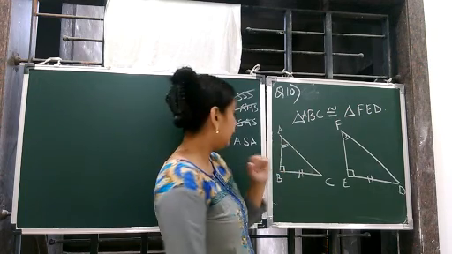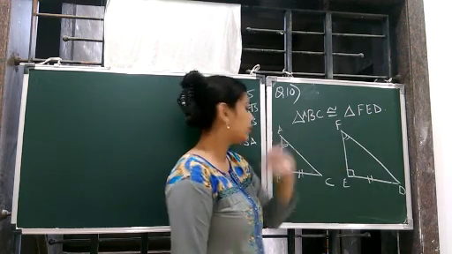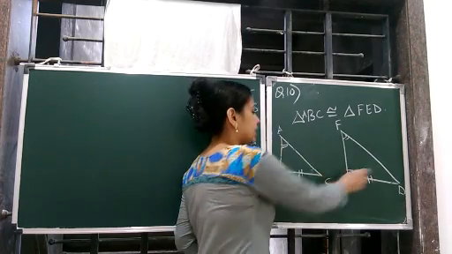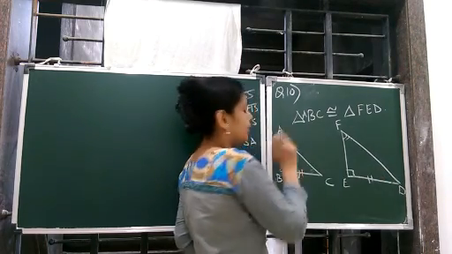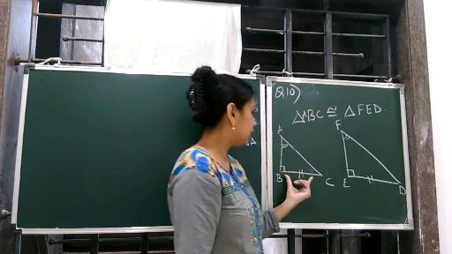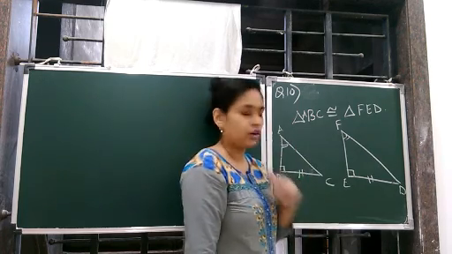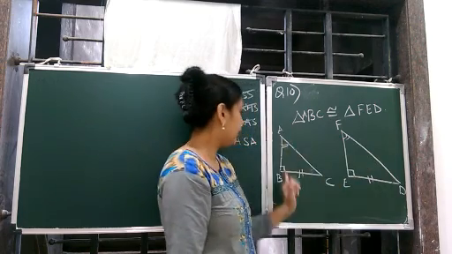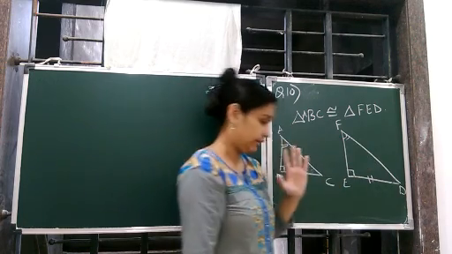Either you prove BC is equal to FE, easy for you, or if you prove this angle is equal to this angle, then also by angle side angle property you will be able to prove that the triangles are congruent. So let's see, angle C is equal to angle D, because we cannot prove AB is equal to FE at any cost.